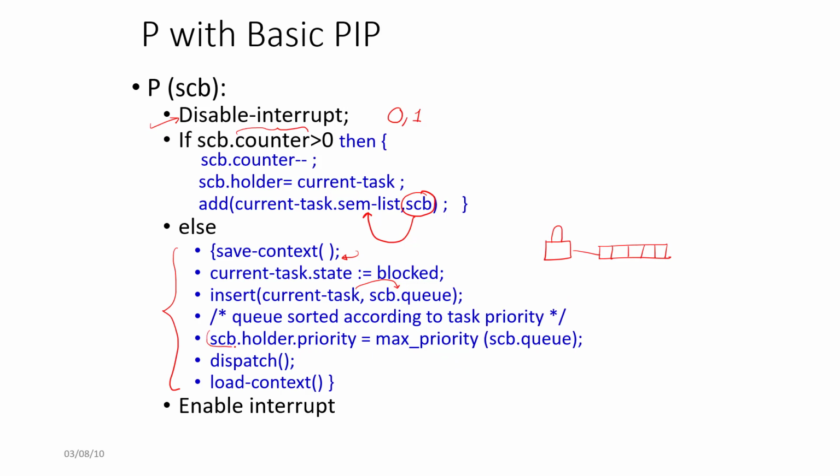So this is the key step. This is the crucial step where we actually do the priority inheritance. Prior to this, we don't do the priority inheritance, but we do it after it. The key idea here is that we look at the highest priority task.